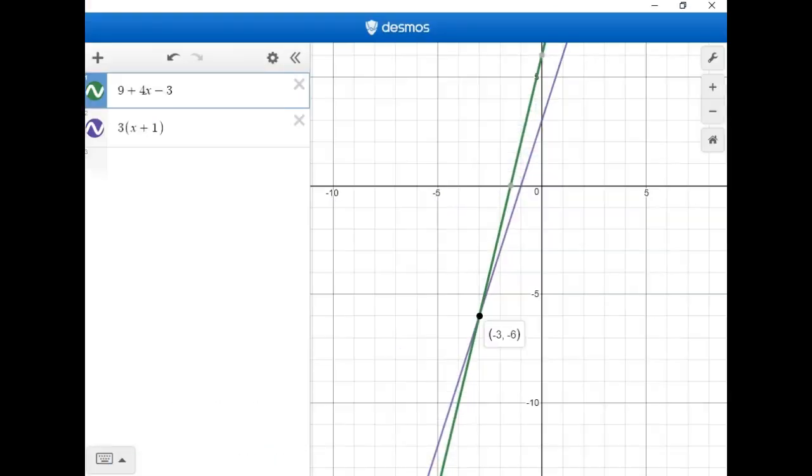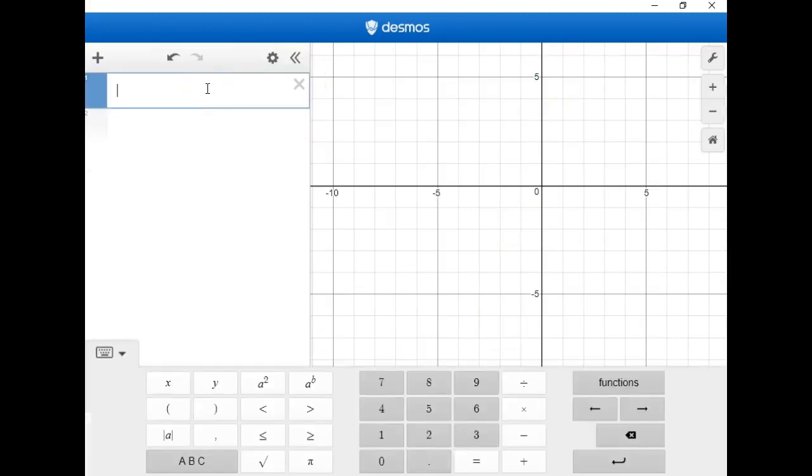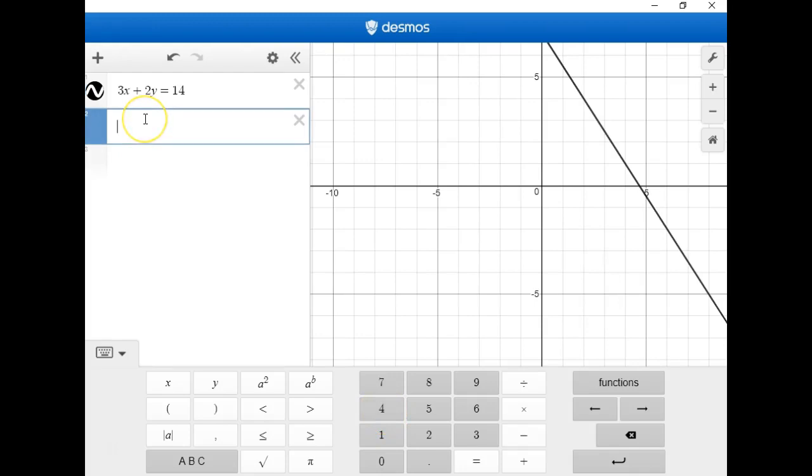So let's see here. 3x plus 2y. The reason I wanted you to use x and y is so that you can type them into Desmos. Because remember, Desmos does not take any other variables besides x and y. 6x plus 2y equals 20.